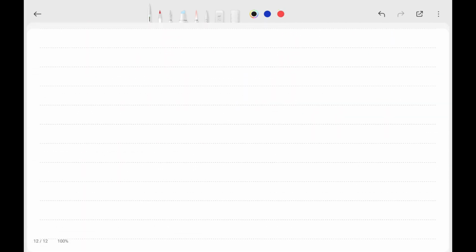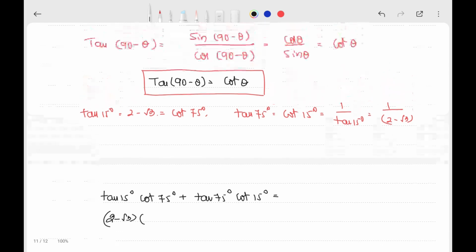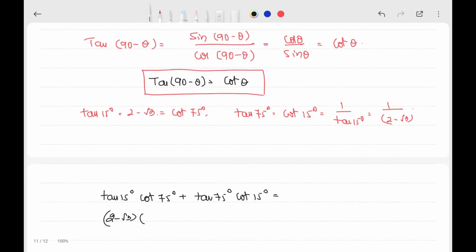What we have to find out? Tan 15 into cot 75 plus tan 75 into cot 15. This is what we have to find out. What is tan 15? 2 minus root 3, given. What is cot 75? Tan 15 and cot 75 both are the same, from this formula.